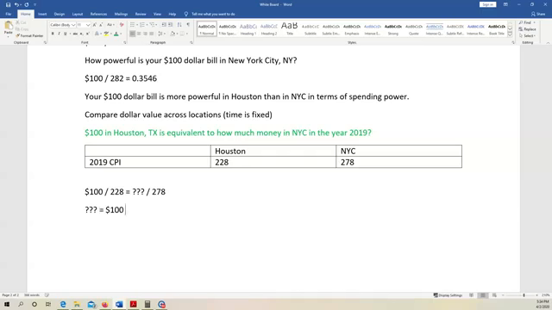So 3 question marks equals what? $100, right, in Houston divided by 228, the Houston Consumer Price Index. I need to move this number to the left-hand side, so that means I have to multiply 278 on both sides. Here, right? And I need to use a calculator to figure out what is 100 divided by 228, then multiplied by 278.